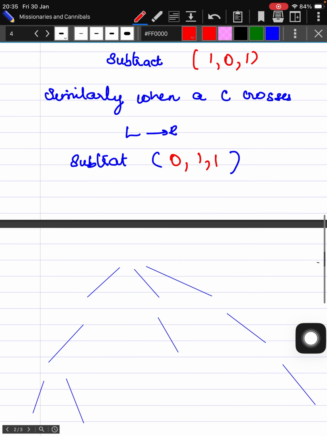So now we'll form a chart for this so that we can understand it very clearly, right? So initially I can put the state as 3 3 1 on the left and 0 0 0 on the right. So all of them are on the left side of the river, right? I'll take the first case as one missionary and one cannibal crossing from left to right.